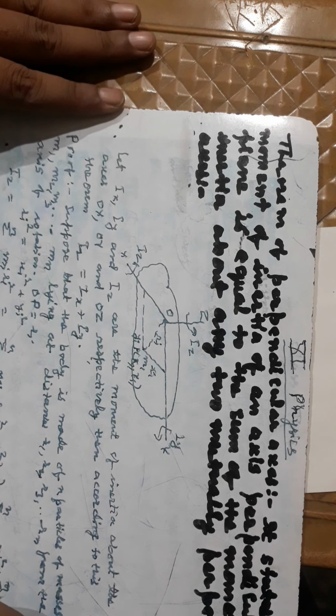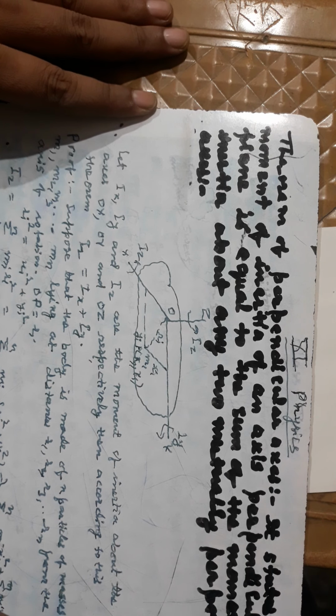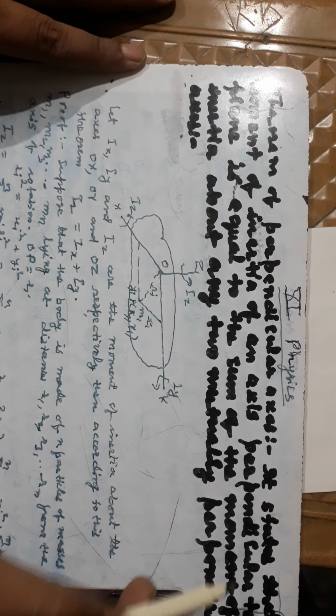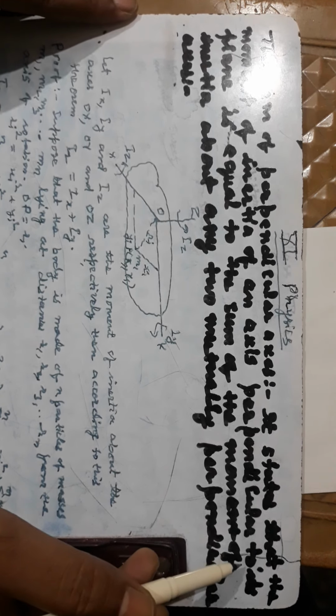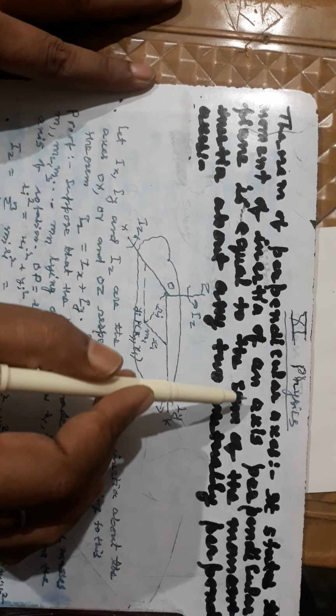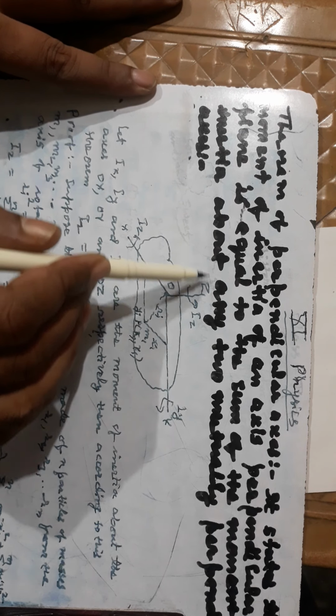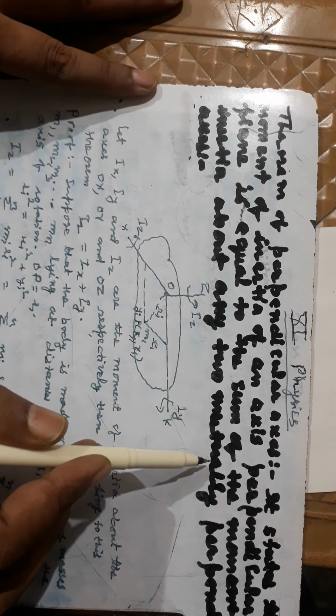Theorem of perpendicular axis. It states that the moment of inertia about an axis perpendicular to its plane is equal to the sum of the moments of inertia about any two mutually perpendicular axes.